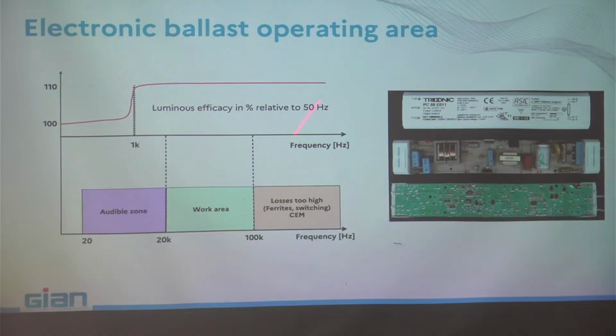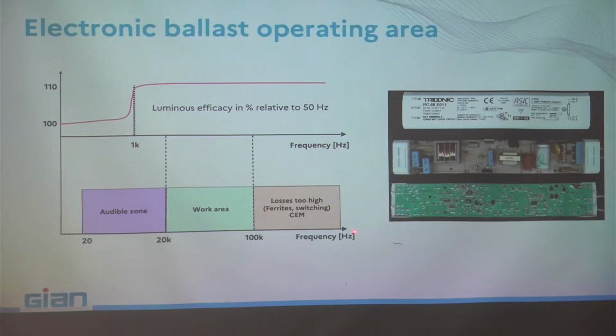Today, for fluorescent lamps, we use electronic ballast, for which you have to define at which frequency you want to operate. And here is an example. If you stay between 20 hertz and 20 kilohertz, then you are in the audible zone. Your lamp may blink and may also make sound, which is not good. If you go between 20 kilohertz and 100 kilohertz, this is the best area to work.